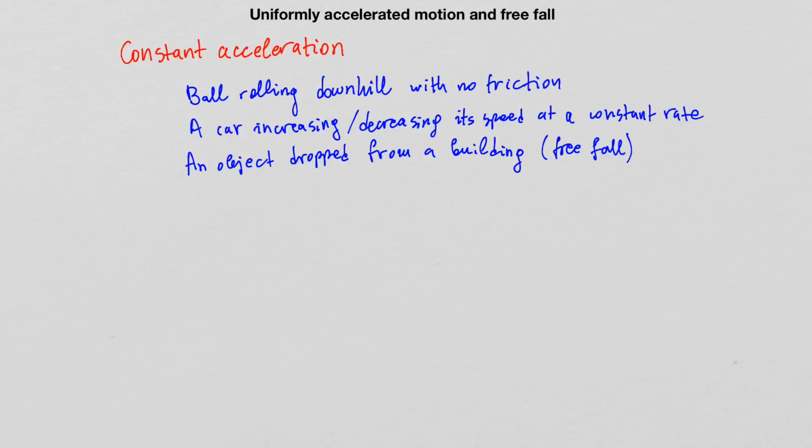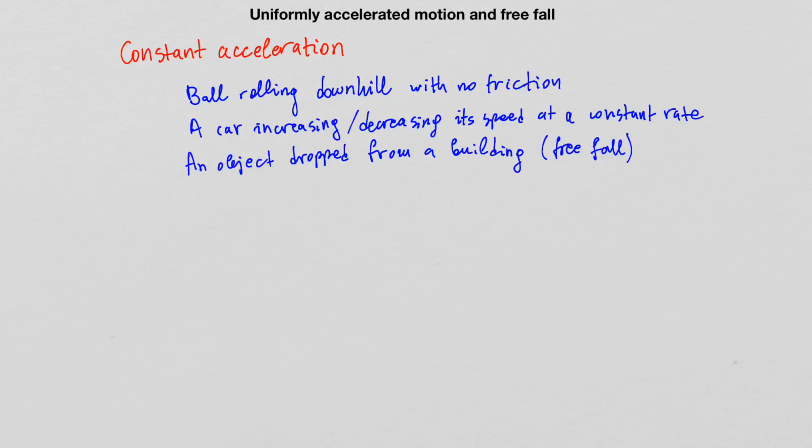Some examples of motion with constant acceleration: a ball rolling downhill with no friction, a car increasing or decreasing its speed at a constant rate, or an object that's dropped from a building, which we know as a free fall.